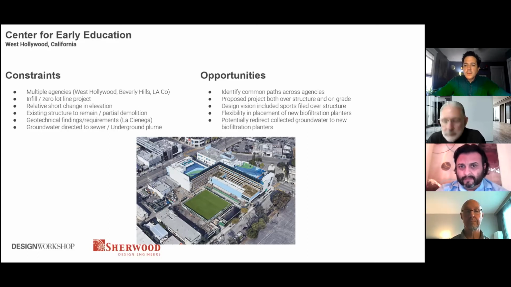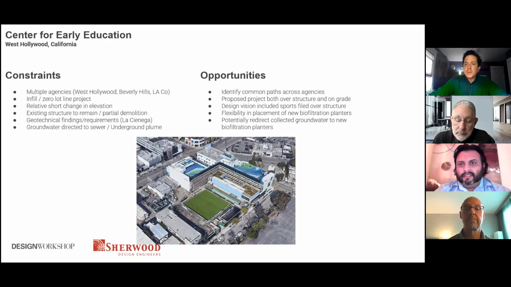The majority of the project was over structure, but some of it was on grade, and so we began to look at those opportunities as well as we looked at the different phases of the project, and that would inform where we drew those phase lines.